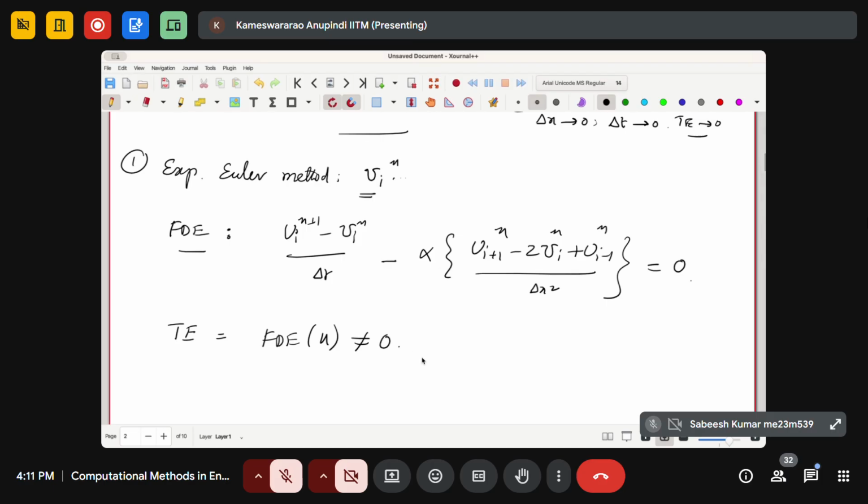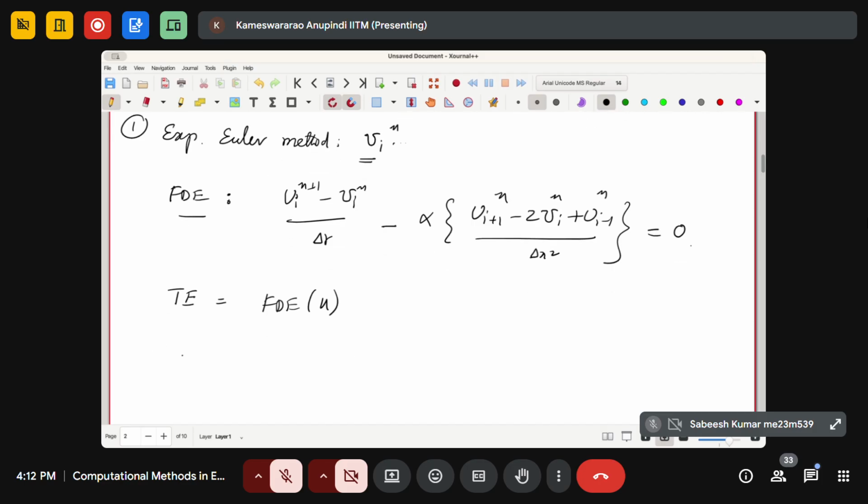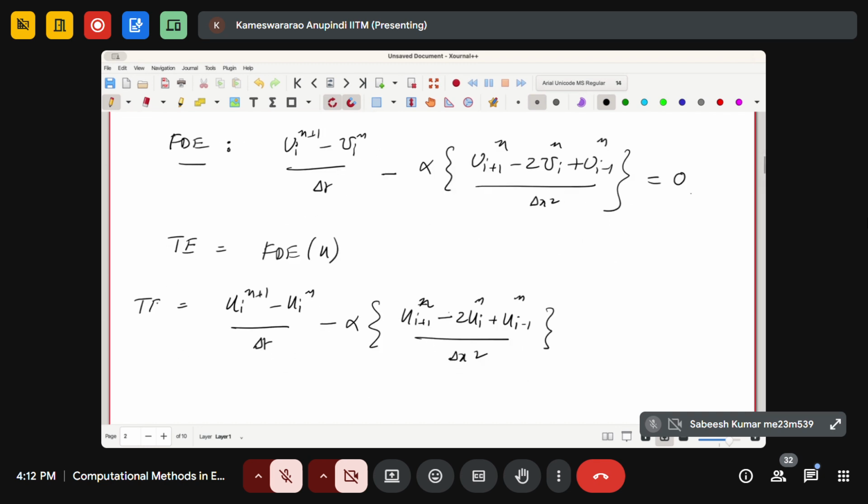Whatever amount by which it is not equal to 0 is the truncation error. So I'm rewriting this to calculate the truncation error as: little u_i^(n+1) minus u_i^n divided by delta t, minus alpha times u_(i+1)^n minus 2u_i^n plus u_(i-1)^n divided by delta x squared. That is my truncation error.